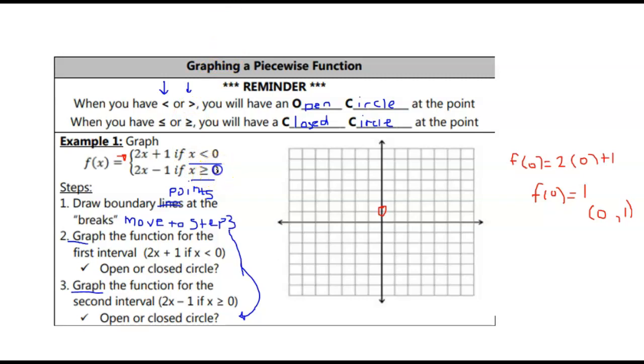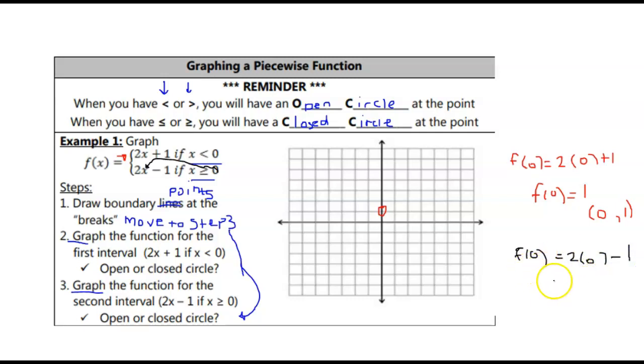Okay, so now I will plug 0 into the second function that's greater than or equal to 0, and I'm going to find f of 0. Well, f of 0 of that function is going to be 2 times 0 minus 1.